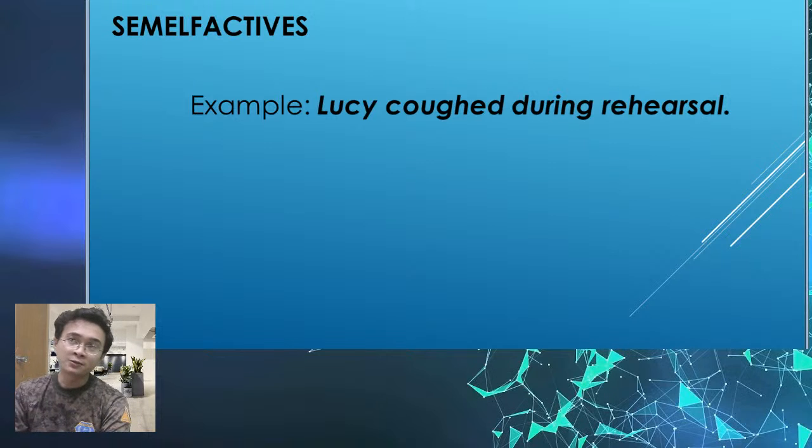The action finished, but it did not show any result. So if the action happens quickly but doesn't show any result, we call that semelfactives. Understand? Okay, I think that's our four types of verbs. Let's have a review first.